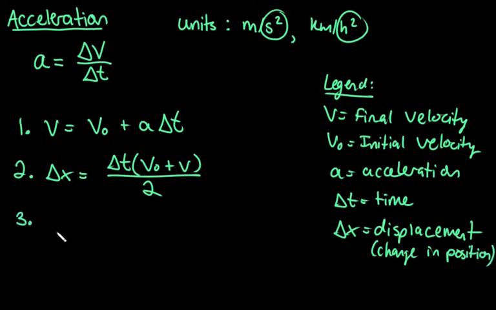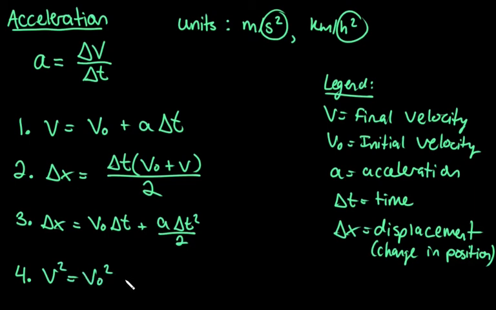The third formula is also starting with delta x, but this time it's delta x is equal to v naught delta t plus a delta t squared divided by 2. And the last formula that we'll be using is v squared is equal to v naught squared plus 2a delta x.